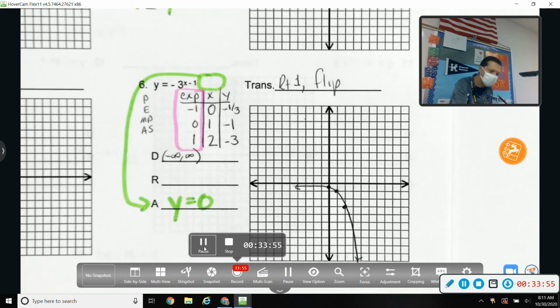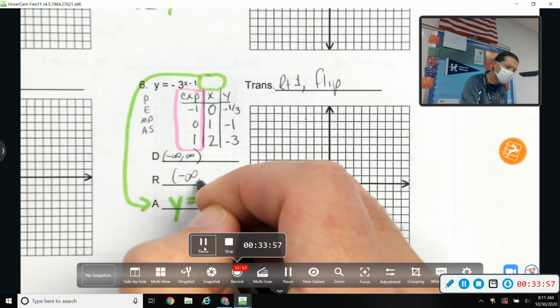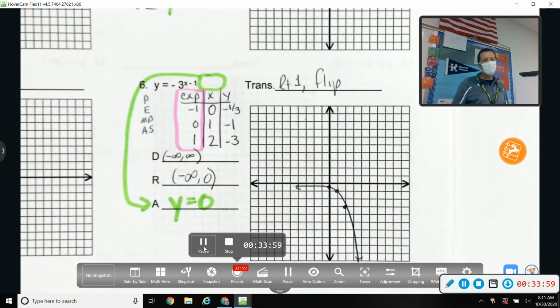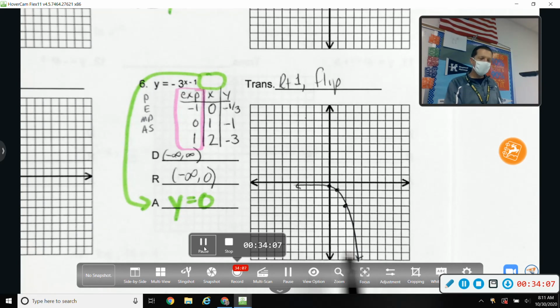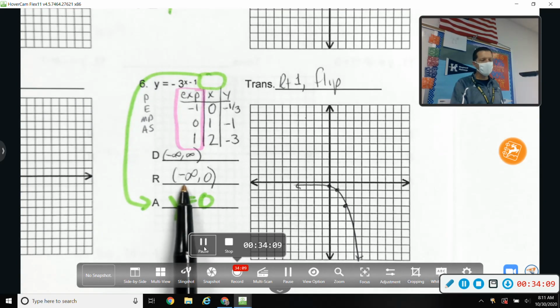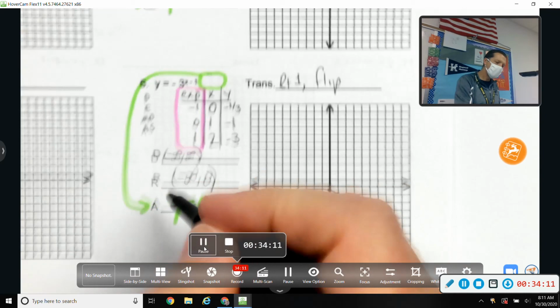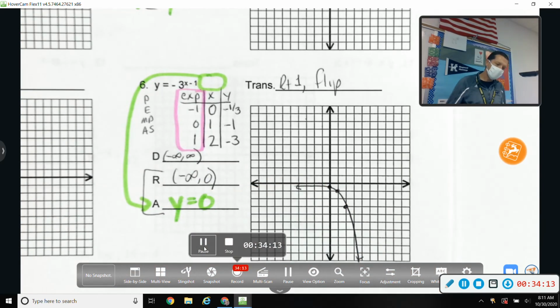Good. From negative infinity up to 0. Sometimes people reverse those because they're looking at it and their brain is thinking it goes from 0 to negative infinity. Yes, but we always have to put the smaller number first. So negative infinity up to 0. And yet again, as always, that asymptote sets a bound on the range. Sometimes it's the upper bound, sometimes it's the lower bound, depending on if we flipped or not.